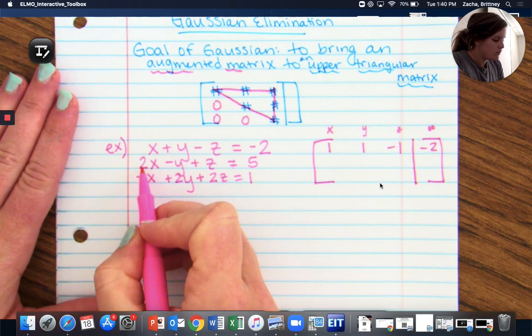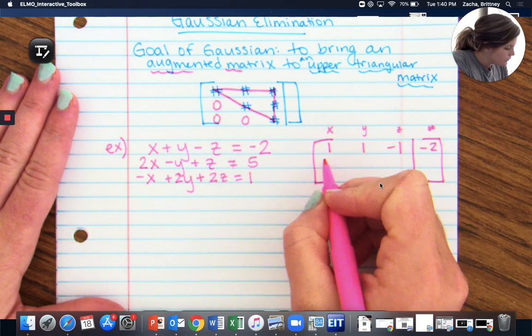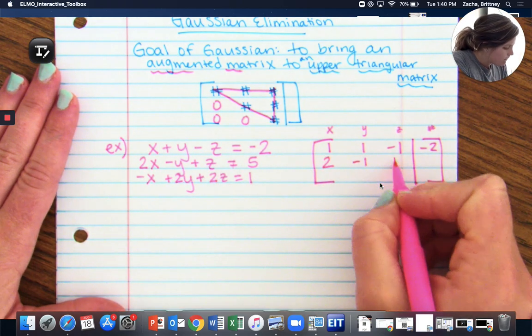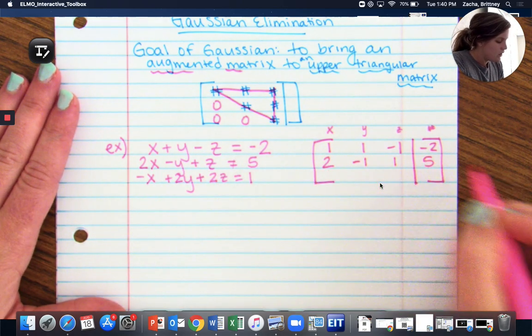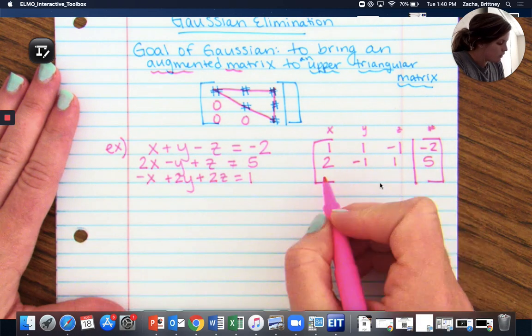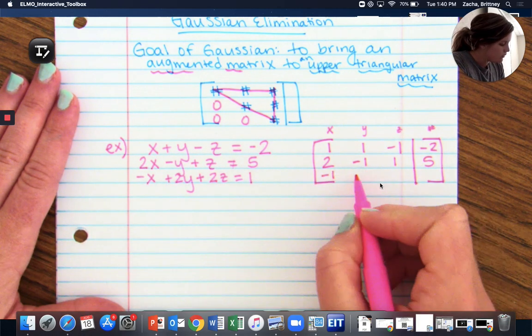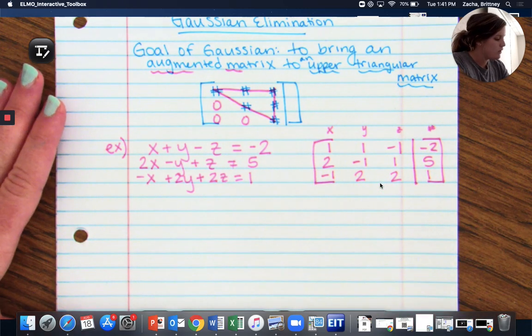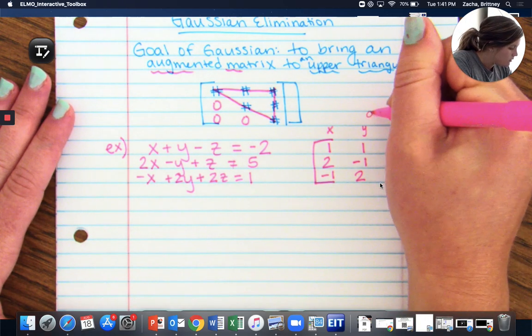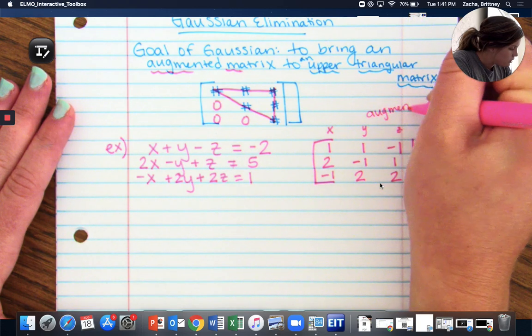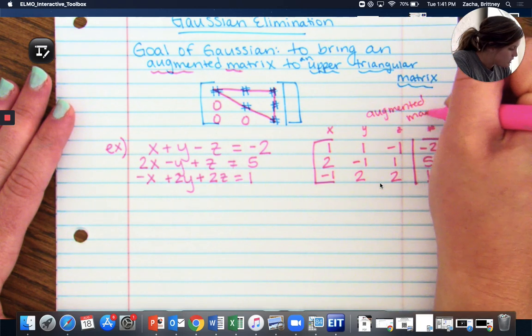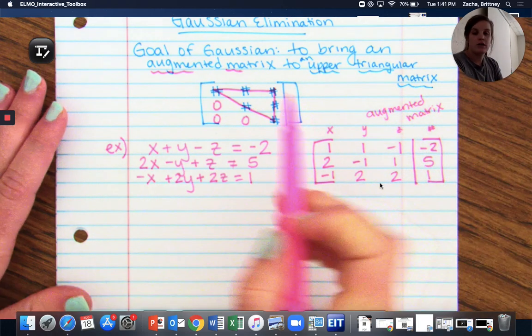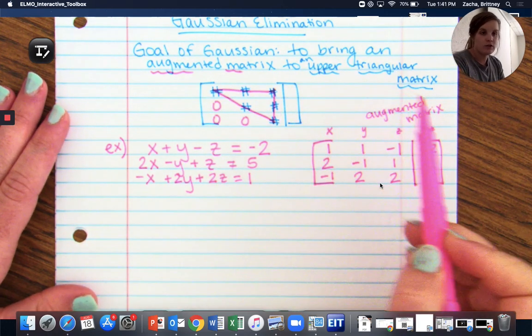Then we go 2, -1, 1, +5, and then your last row, -1, +2, +2, 1. So this right here is called your augmented matrix.